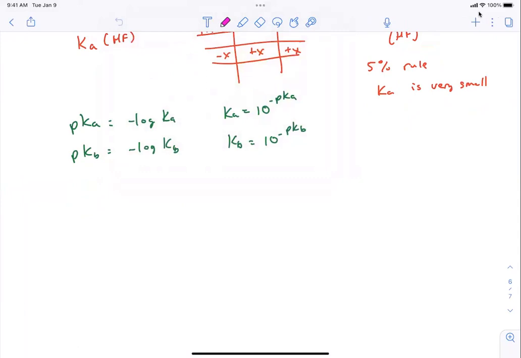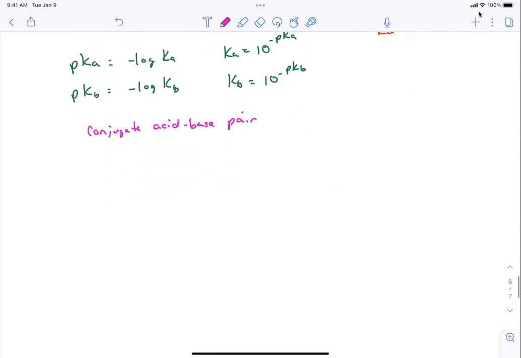What also is important is that for a conjugate acid-base pair, so the Ka of an acid and the Kb of its conjugate base, or the Kb of a base and the Ka of its conjugate acid, those two values end up equaling Kw when you multiply those Ks together.